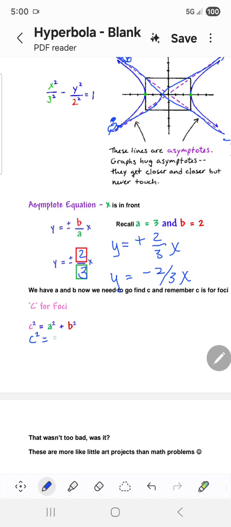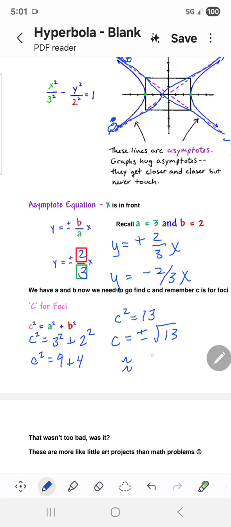So my a is 3 squared, and my b is 2 squared. That means I will get 9 and 4. So c squared is 13. But I don't want c squared, I want c. So it's plus or minus the square root of 13, which is roughly 3.6.